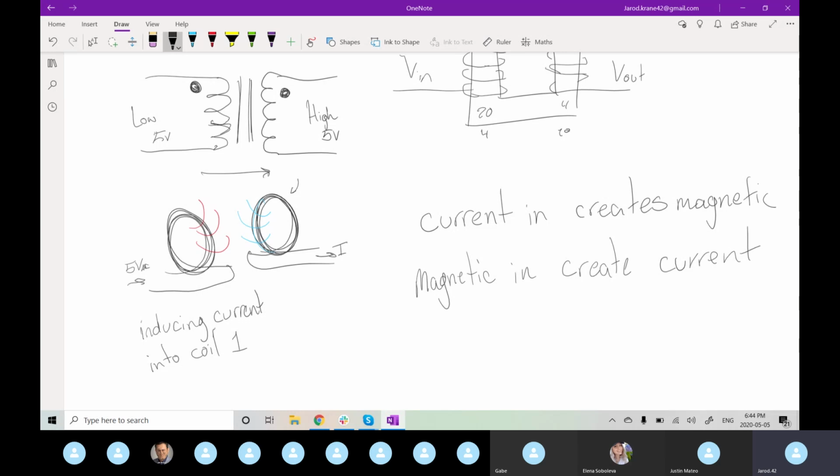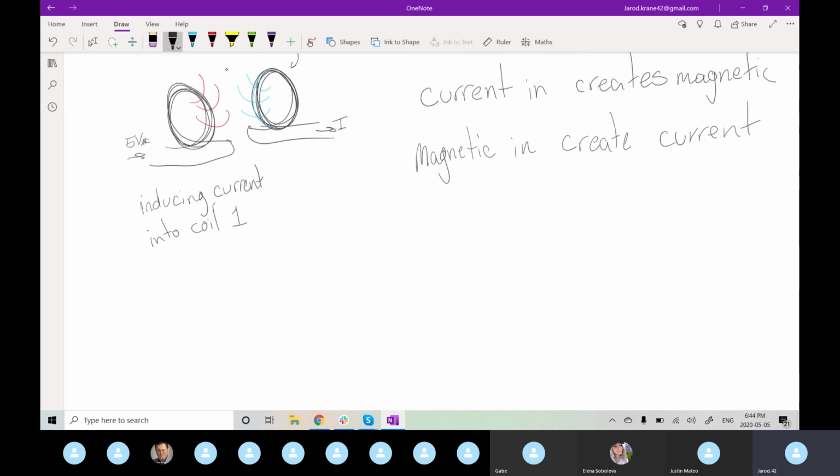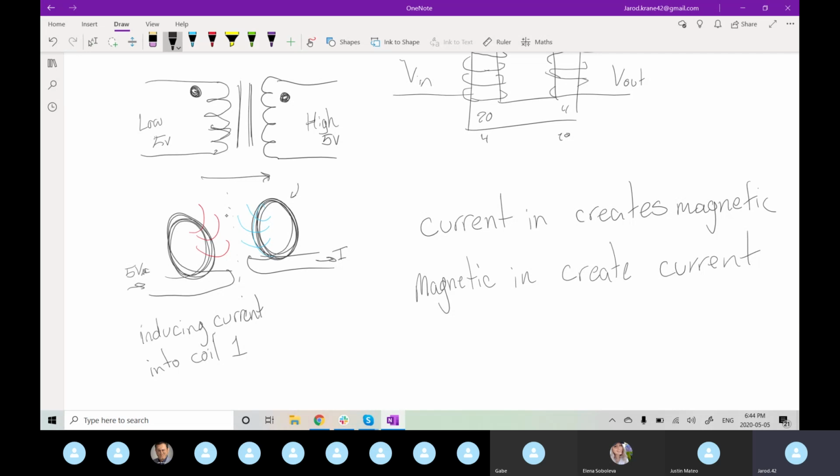So high and low was just the example in this case, because its typical use case is for isolation, because these two coils are technically not electrically connected. They don't share the same power rails. They don't have to share the same ground.